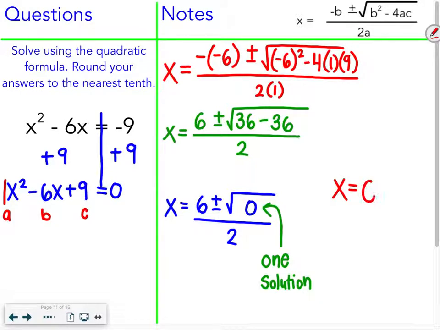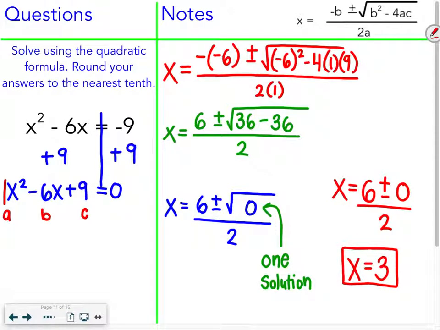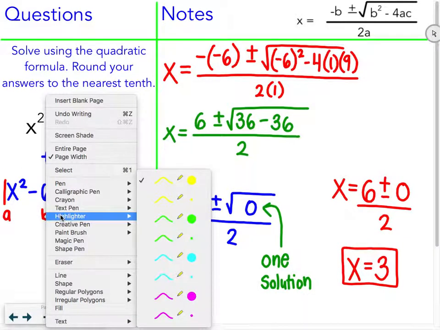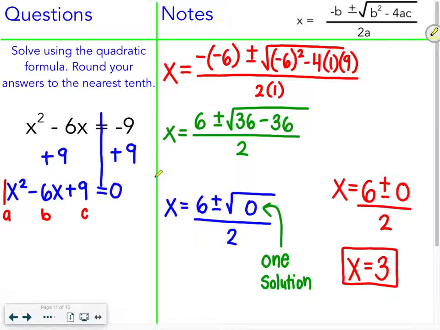So if I do 6 plus or minus, the square root of 0 is just 0. So no matter what, I am always going to get the answer of just 3 for that one. So 6 plus 0 divided by 2 is 3. 6 minus 0 divided by 2 is also 3.